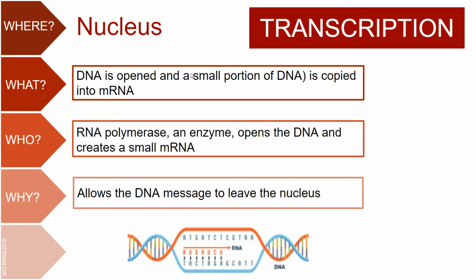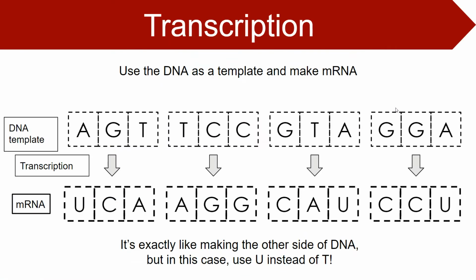An enzyme helps with this process. The reason for this is that the DNA is trapped in our nucleus. It's too large and too important to leave the nucleus. So the mRNA allows that message to be taken out of the nucleus and brought into the cytoplasm where the protein can be assembled.